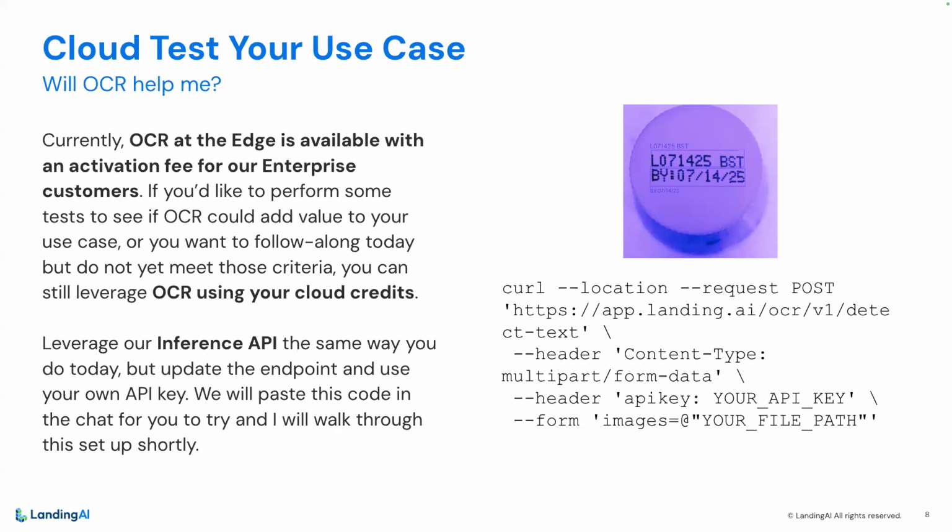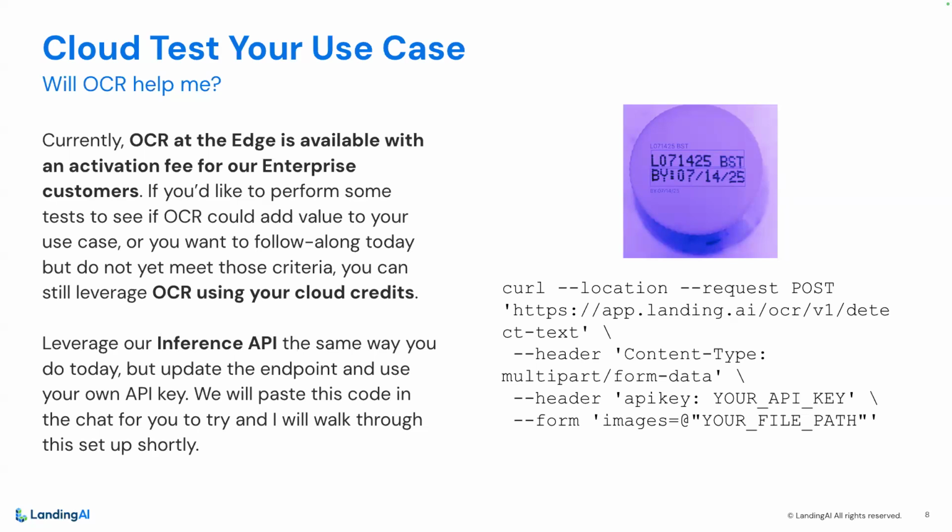So just validating that we can consistently or reliably pull the information from what your application is very beneficial. So we always recommend, before pursuing and enabling the activation fee for OCR at the edge, to perform some test cases with the cloud credits that are already available to you today.